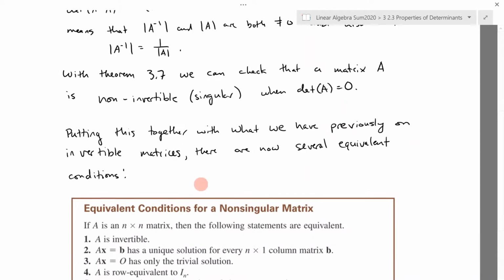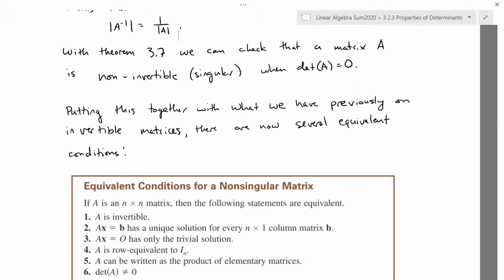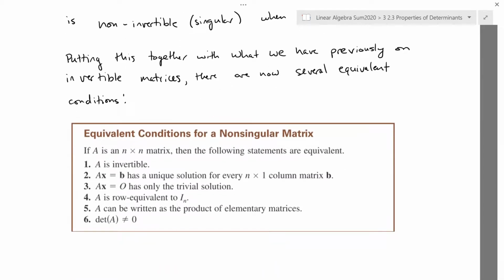Okay, so putting this together with what we know about how a matrix is related to systems of linear equations, we have several equivalent conditions now. So again, if you know that a matrix is invertible, then automatically the determinant is not equal to 0.